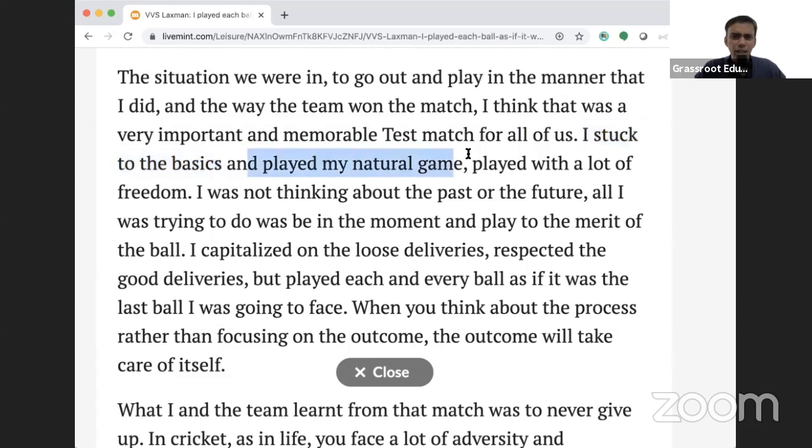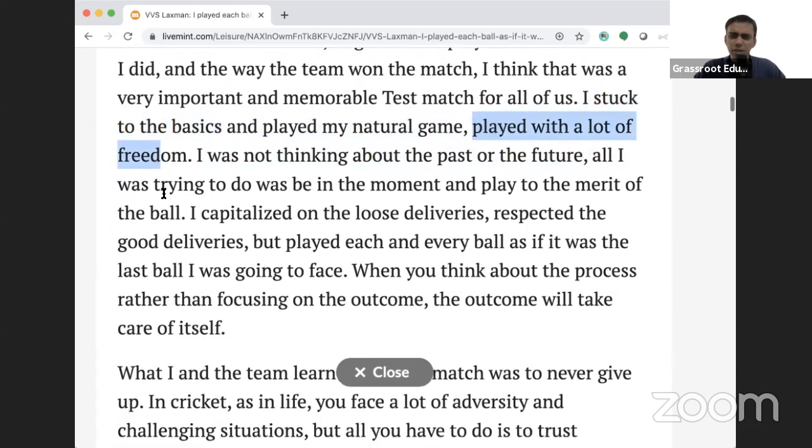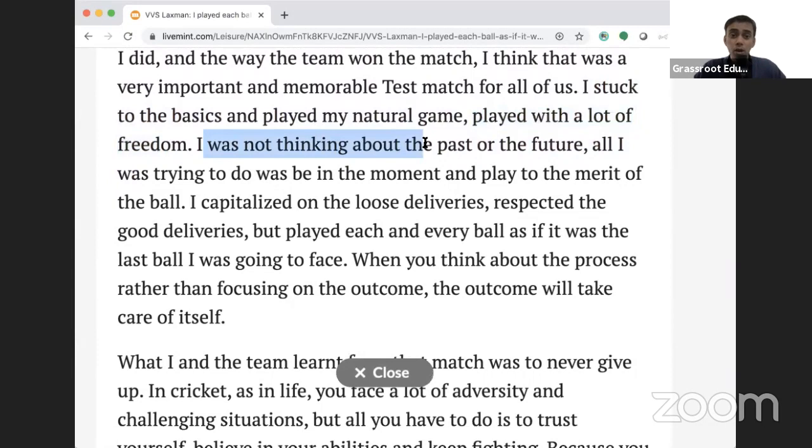Played my natural game, played with a lot of freedom, self-explanatory. I was not thinking about the past or the future. All I was trying to do was to be in the moment. When I say be in the moment, it means to focus here. So hopefully all of you are in the moment, focusing in class. You're not thinking about what you're going to do in the evening or what you're going to eat after the class. Try to be in the moment and play to the merit of the ball.